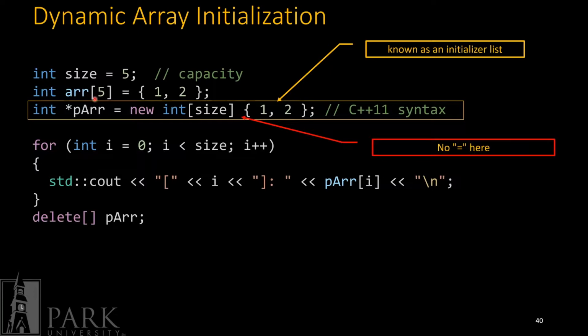So here you can see in our static allocation we have this list initializer and we're assigning it to the array. But here in our dynamic array, where we're declaring a pointer to a memory block of size, in this case 5, we are initializing it with those same values, but there is no assignment here because we already have an assignment here, right? So that's just a key difference between the two.